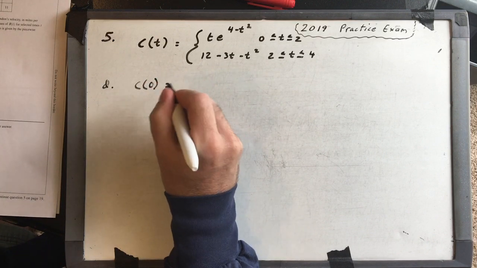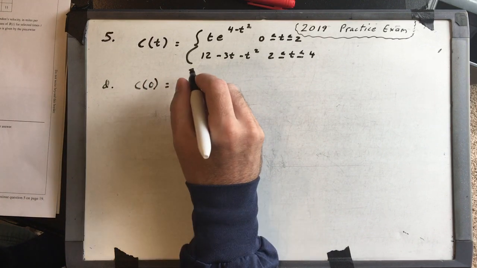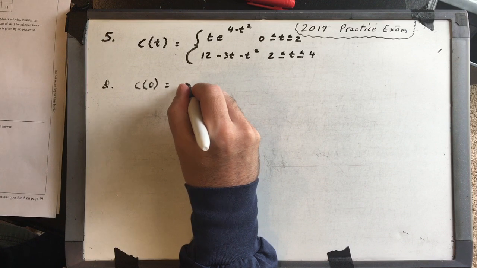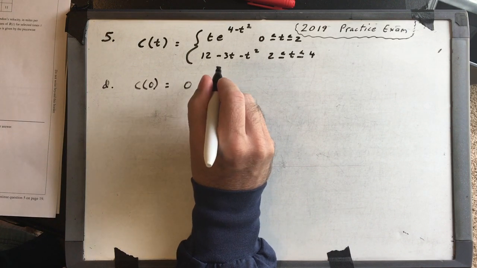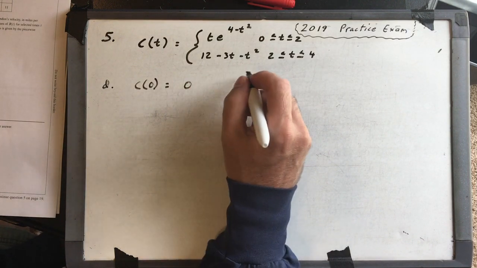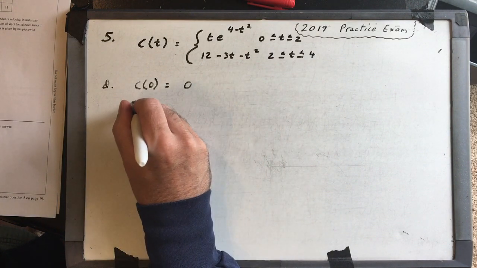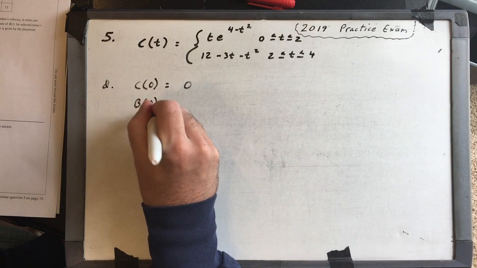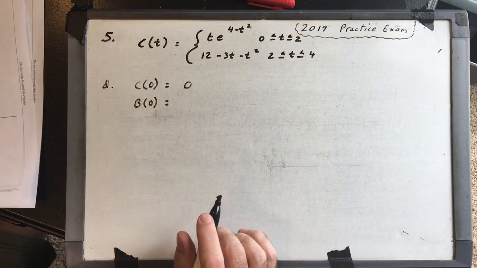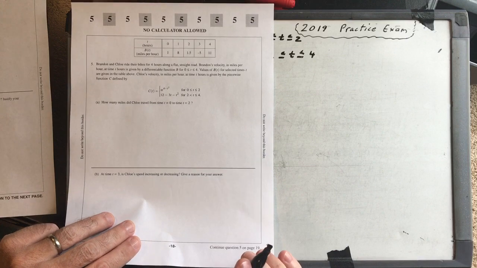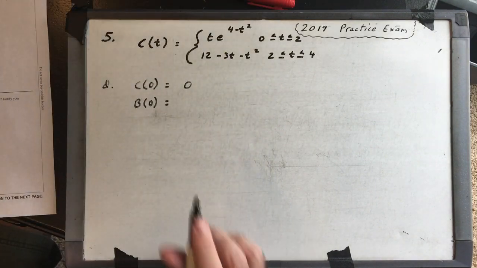velocity at 0. C of 0 is going to be 0. If you plug in t e to the 4 minus t squared, you get 0. Let's look at Brandon's velocity at 0. That's straight from the table, and at 0 it's 1.